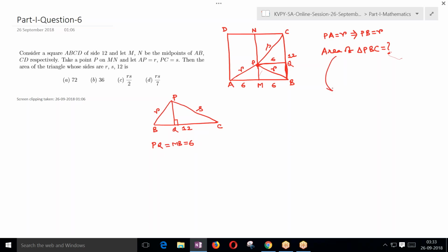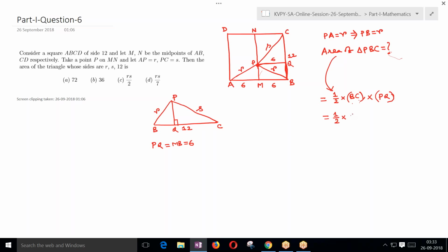Then area of PBC we are going to get is half into base, which is BC, into altitude, that is PQ. That is half into BC.